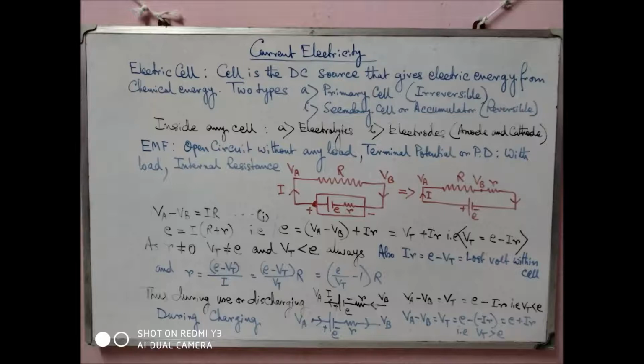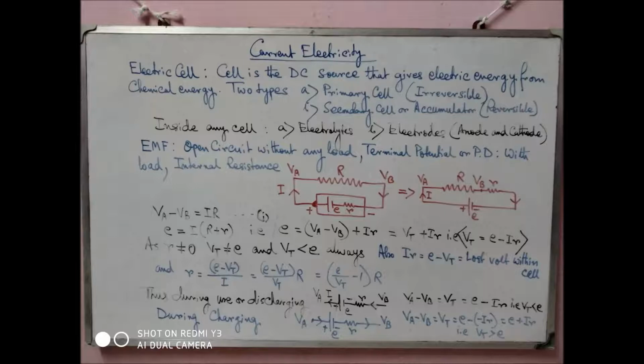This is the main reason we are not getting the EMF in the external circuit, that is E not equal to VA minus VB or VT. This is the main reason, Ir. So it is lost volt within the cell, correct?